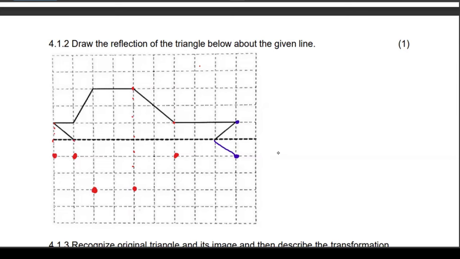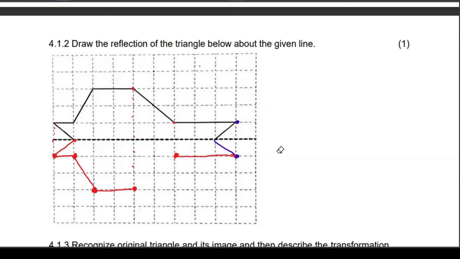Then we can connect. This must go to that. Then connect to that with your ruler, please. And then connect there. And then we connect more. And then we have something like that. Okay, so from a boat to a mini fish. So that is how the shape was going to look.